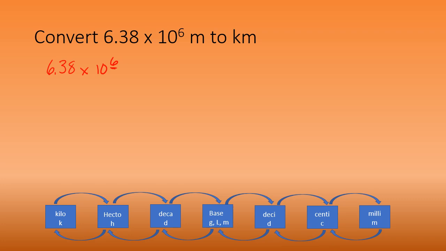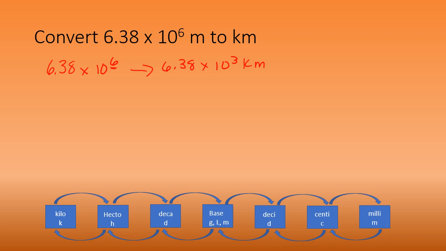If we move our decimal to the left to go from meters to kilometers, then that would be 3 jumps to the left, which would reduce that number by 3. And therefore 6.38 times 10 to the 6 would become 6.38 times 10 to the 3rd kilometers.